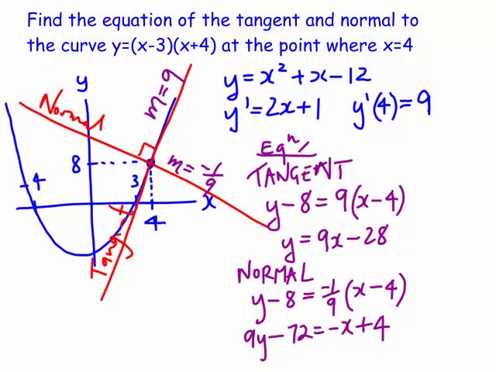So put the x on the other side, so we have x plus the 9y is still there, and then we move the 4 across, so the 4 becomes negative, and we end up getting minus 76 is equal to 0. So this is the equation of the normal.